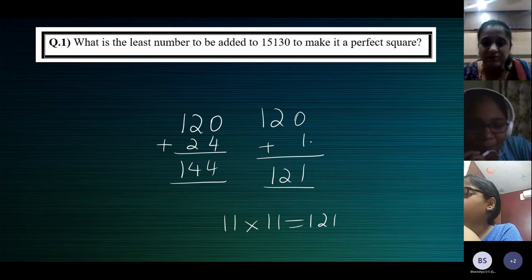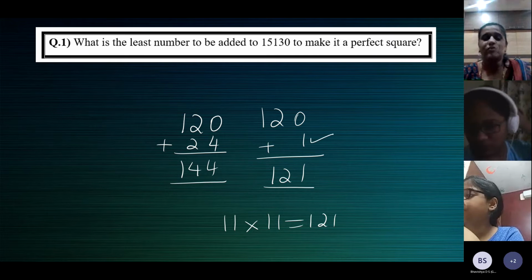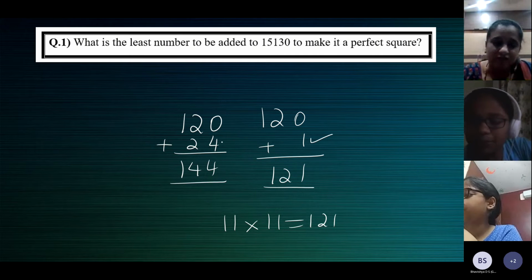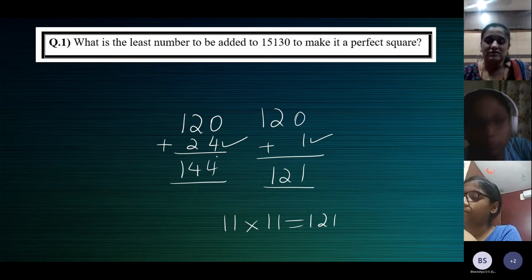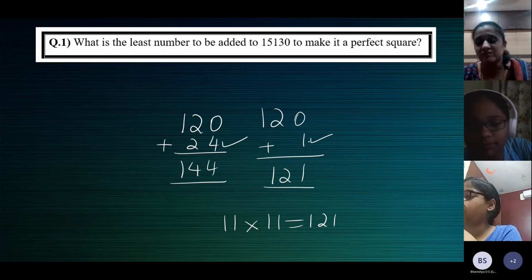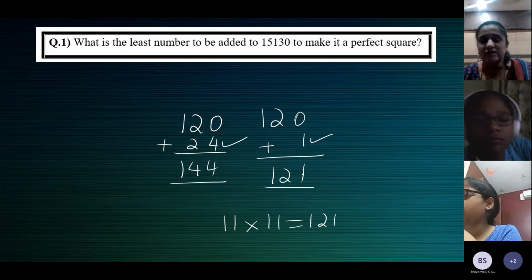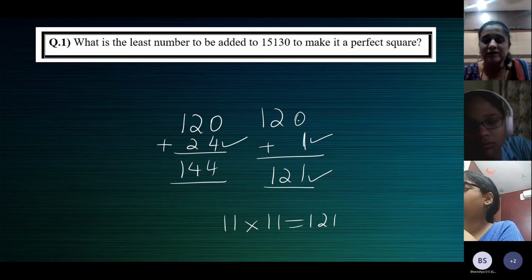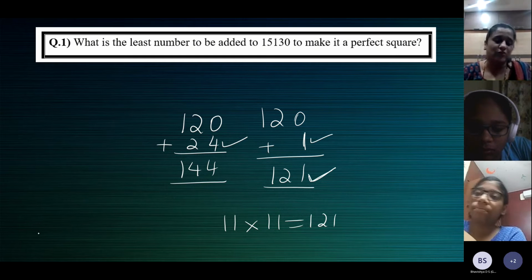You can also add 24 to 120, but 24 is not the smallest number. 1 is the smallest number that is to be added to 120 to make it a perfect square. So the resultant number is 121.